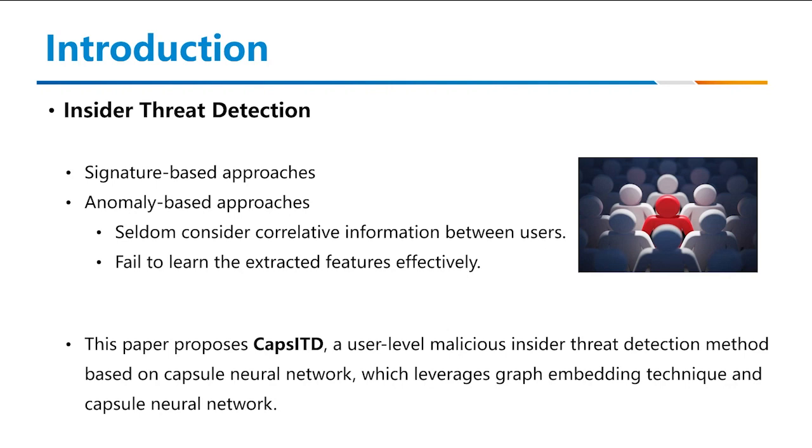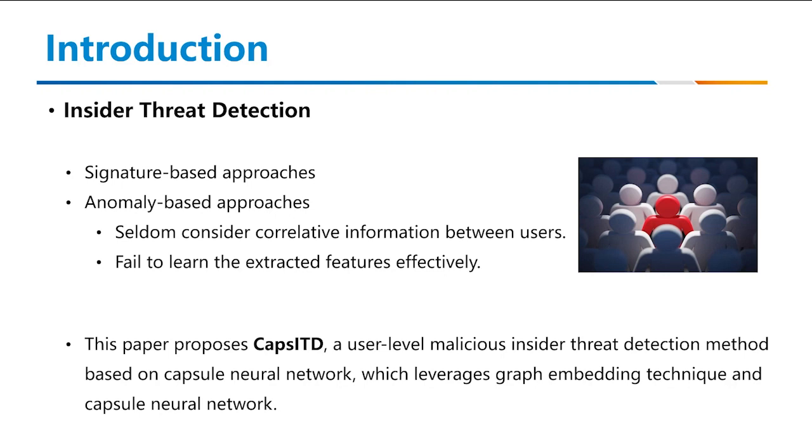In order to detect malicious insiders, many approaches have been proposed. These approaches can be divided into signature-based approaches and anomaly-based approaches. Signature-based approaches rely heavily on signatures of known bad events and cannot detect unknown threats.